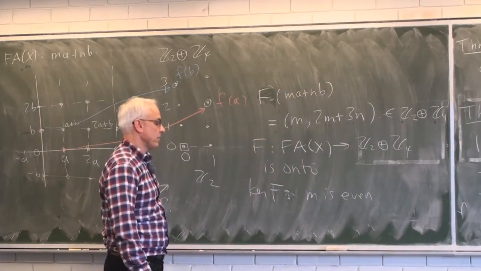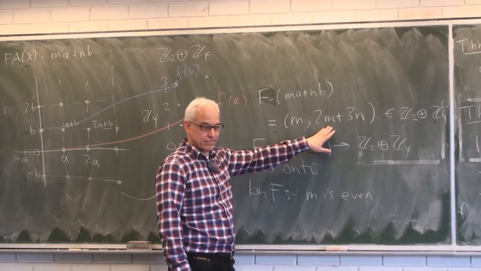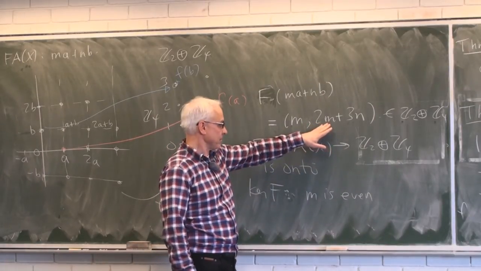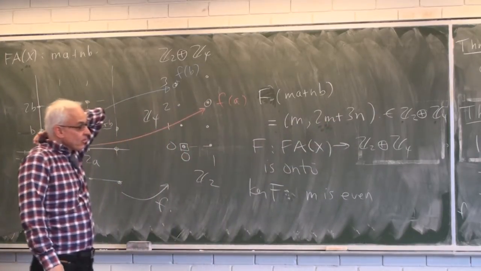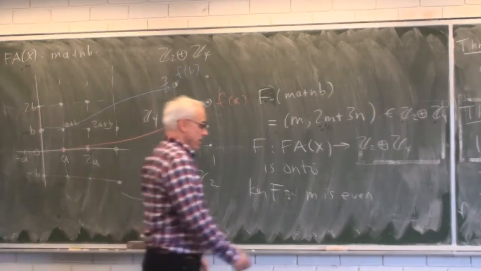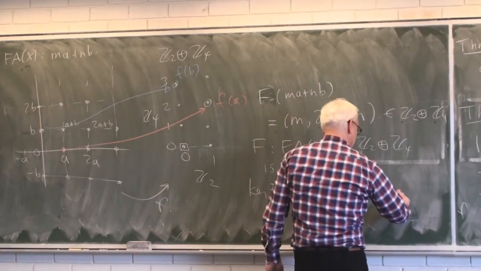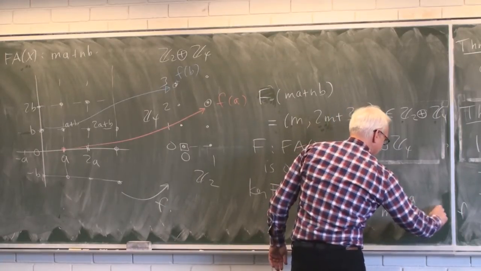What does that mean? Well, if m is even, then 2m is already 0 mod 4. So it's just the condition that 3n is 0 mod 4, which is the condition that n is a multiple of 4. So m is even, n is a multiple of 4.